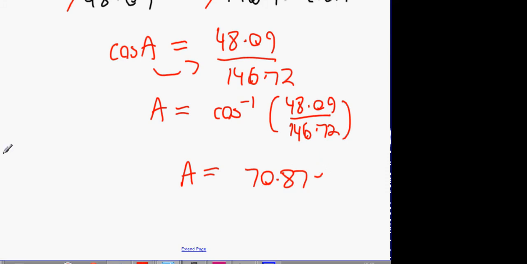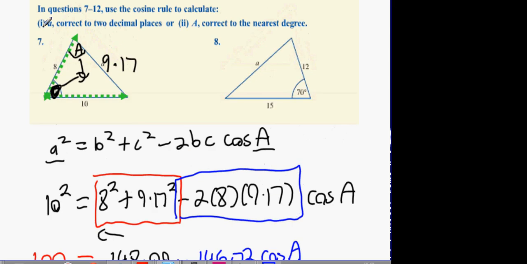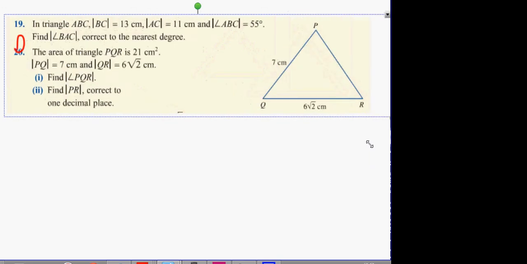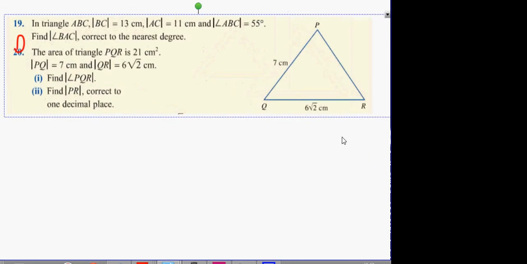Let's move on to number 20. Now, in question 20, what you're going to be doing is this. The area of the triangle PQR is 21 centimeters squared. PQ is 7, QR is 6 root 2. Find the angle PQR.